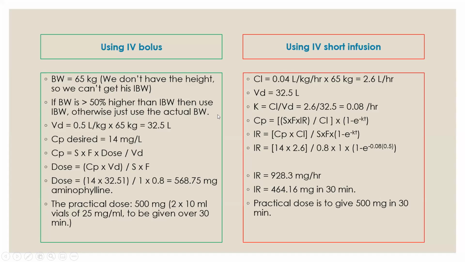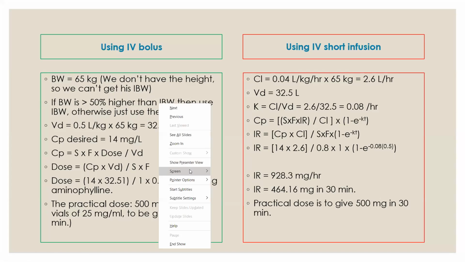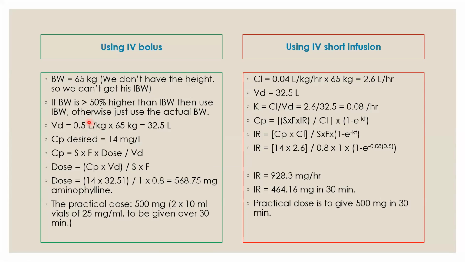Otherwise, just use the actual body weight to calculate the VD and clearance. So we know from the population data the VD is 0.5 liter per kg, and his weight is 65, so we get 32.5 liter, and the CP desired is 14.